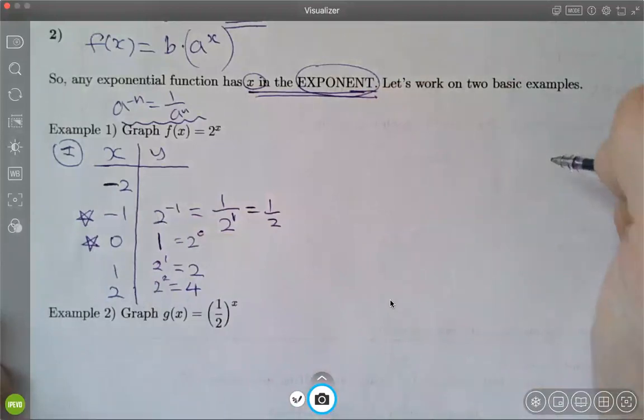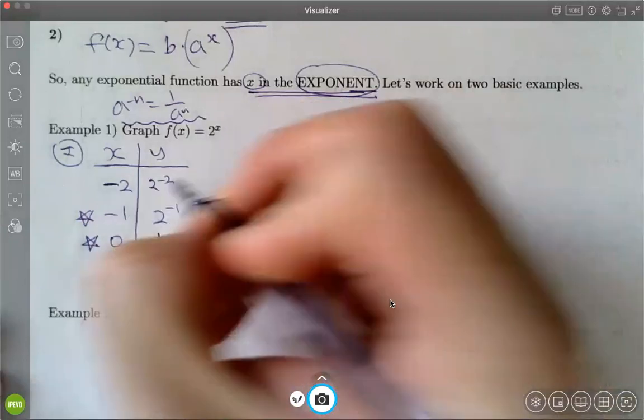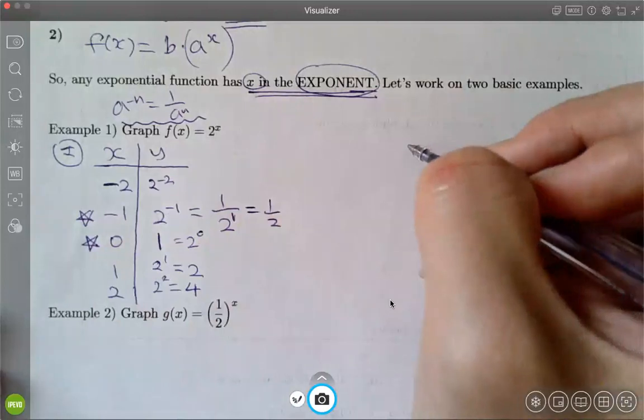If you forgot, Google rules of exponents. You'll see millions of websites that have rules of exponents. So please review, okay? I cannot review it here. And now, when x is equal to negative 2, you have y is equal to 2 to the power negative 2, which is not equal to negative 4. And what's that equal to?